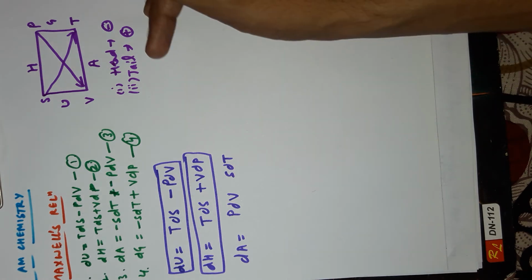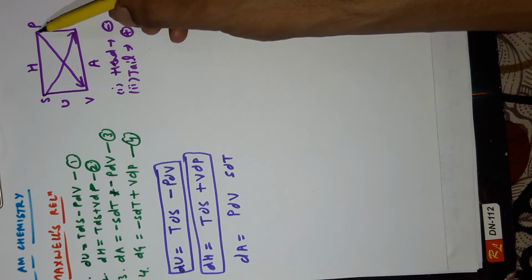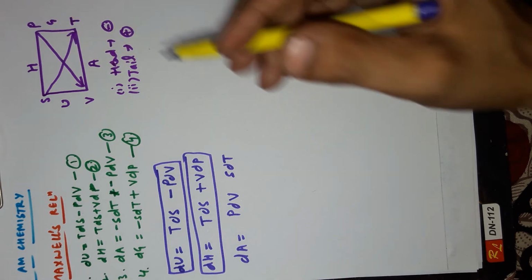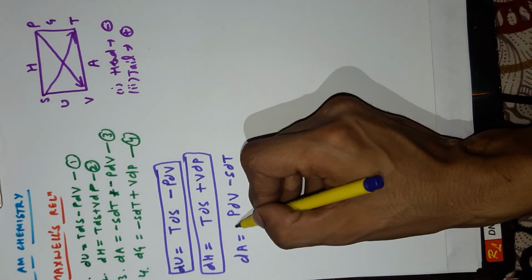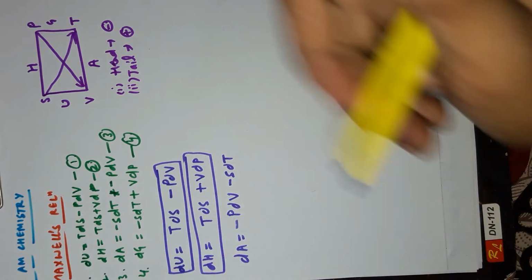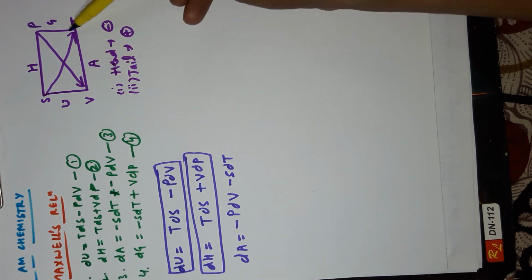So PdV and SdT. In both these cases the arrow is coming towards them, so they are taken as negative.